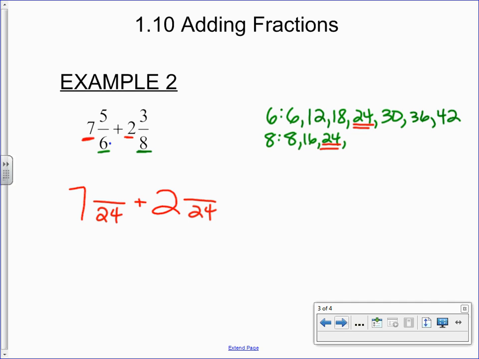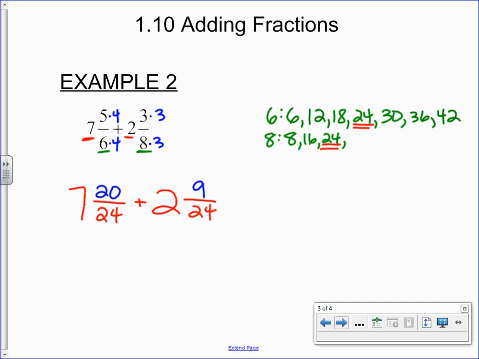So the 6 I had to multiply by 4 to get this 24. So the top I would also have to multiply by 4 to get 20. For the 2 3/8 fraction, I had to multiply the 8 by 3 to get 24. So I have to multiply the numerator 3 times 3 to get 9 24ths.